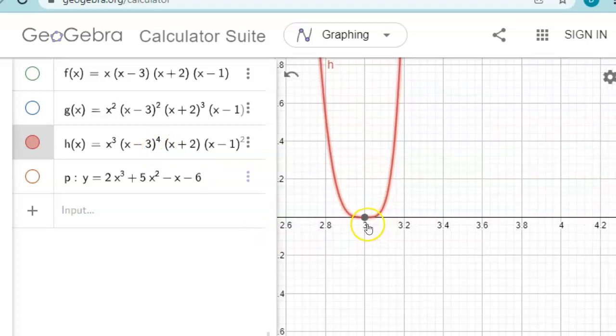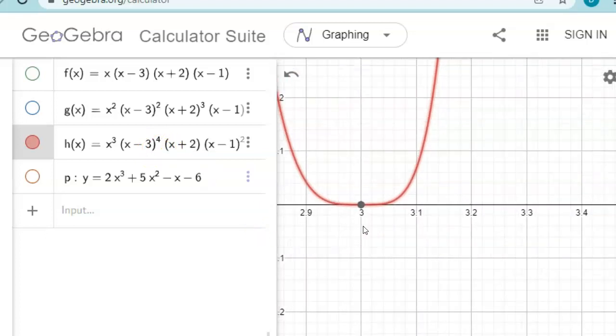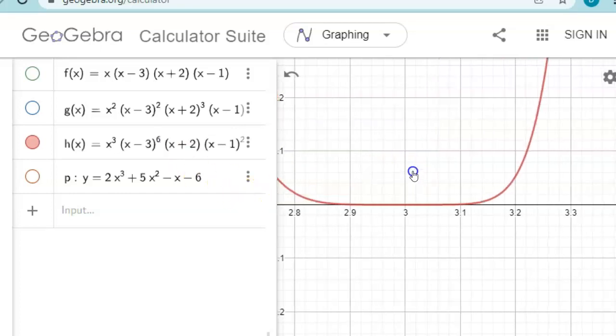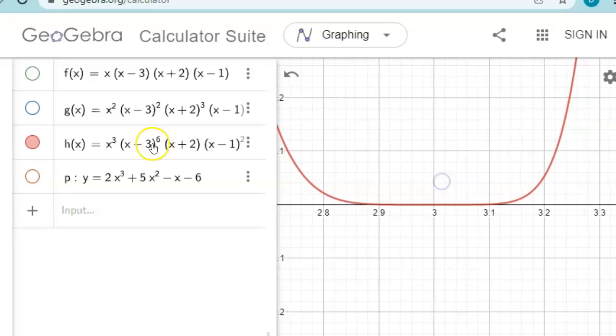So it bounces, but as you get higher and higher powers, that thing levels out more. So if we change that to a 6, now, boom, it widens out more and then passes through.